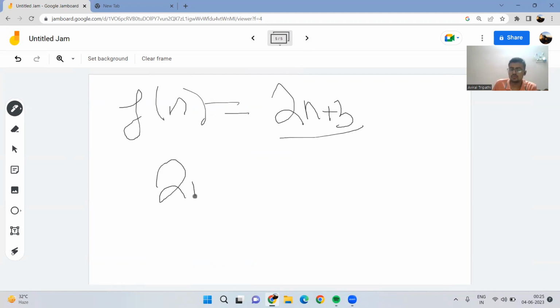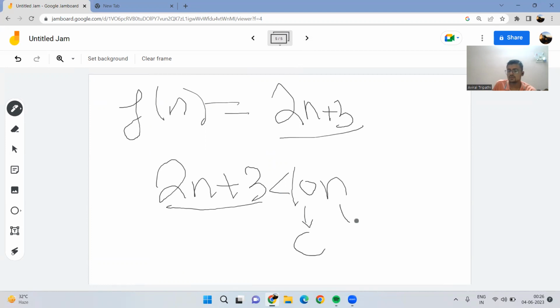To make this f(n) less than C times g(n), we simply take any constant value. It can be 10. So in that case, this is your f(n), this is your C, and this is your g(n). In that scenario, the time complexity becomes O of n.